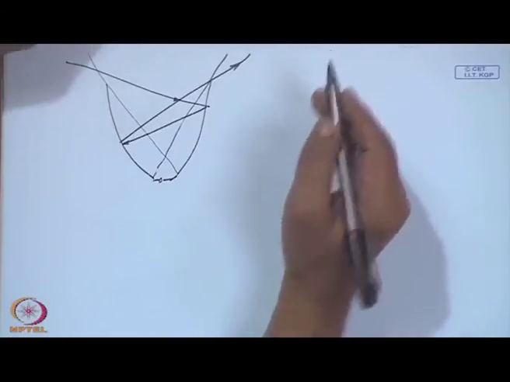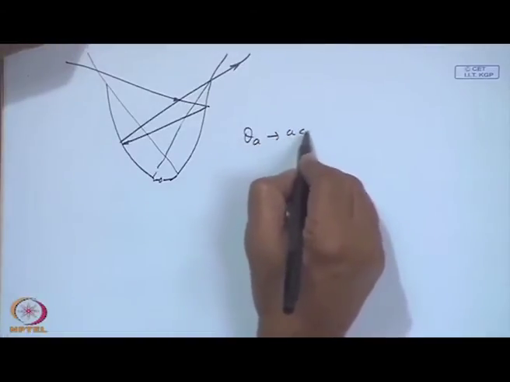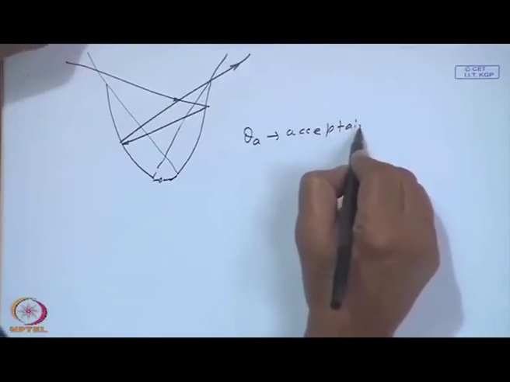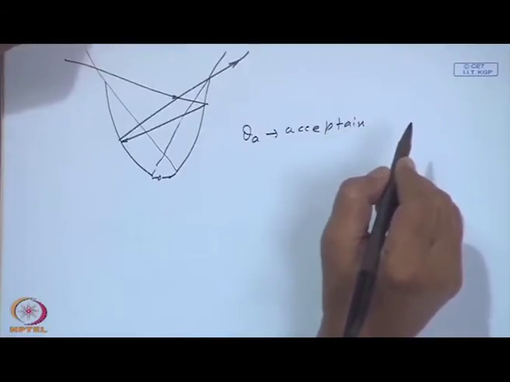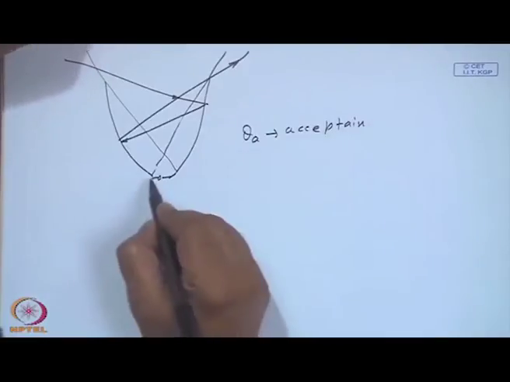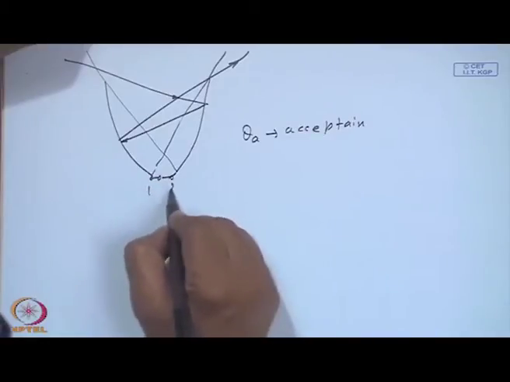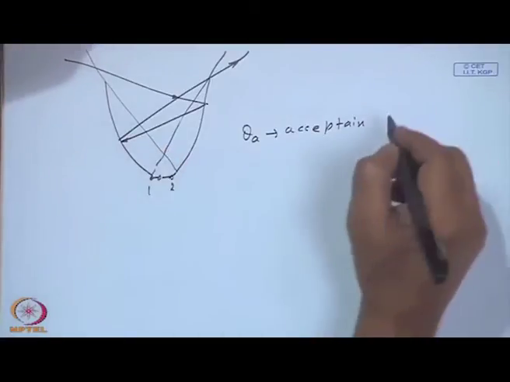Consequently, the theta A is called the acceptance angle. So, solar radiation within theta A only will be reflected, re-reflected, and goes to the concentrating point 1 or concentrating point 2, and then transfers the energy to the fluid.